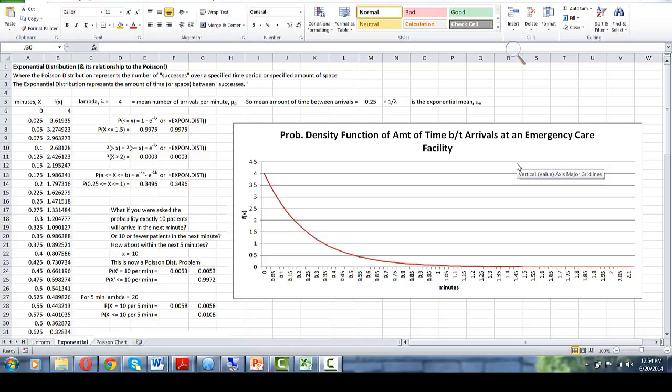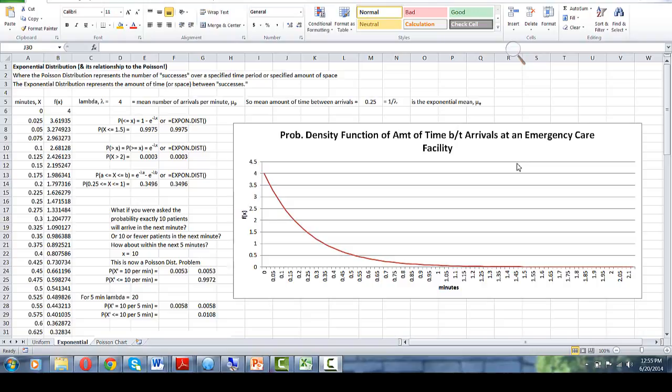So you certainly have a continuous random variable there, time, for example, and in the exponential, we are dealing with a continuous probability density function, or continuous random variable. And so the area under the curve that's produced from the characteristics that we have is equal to 1, and so we find portions of that area for the probability.